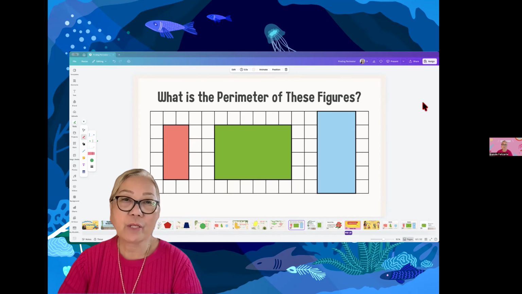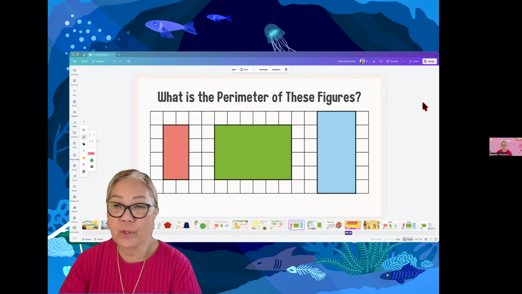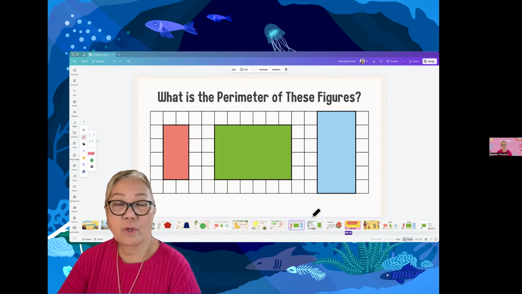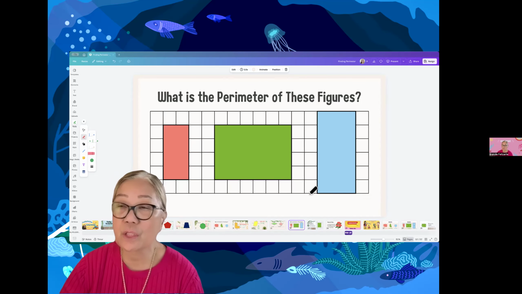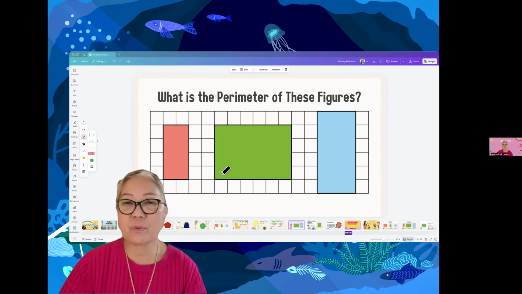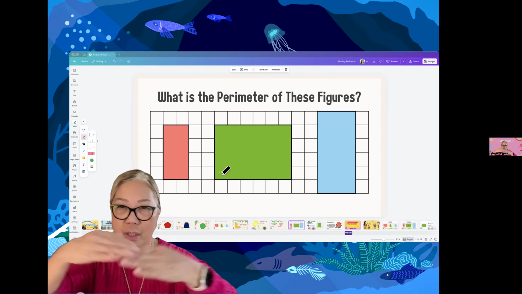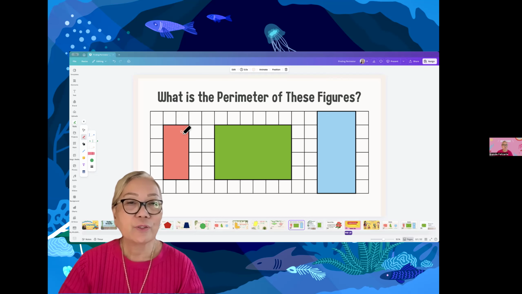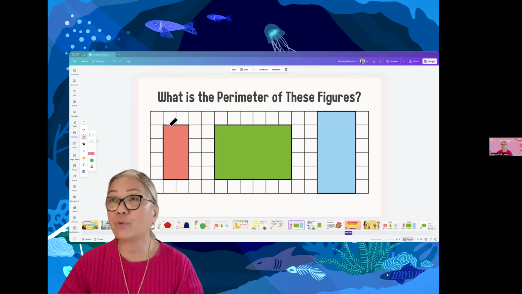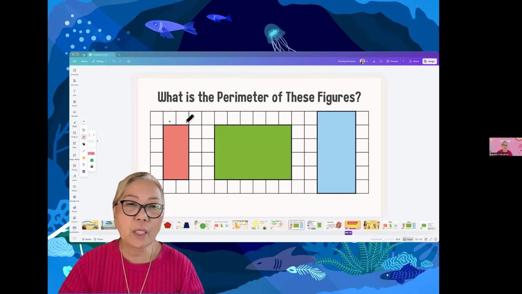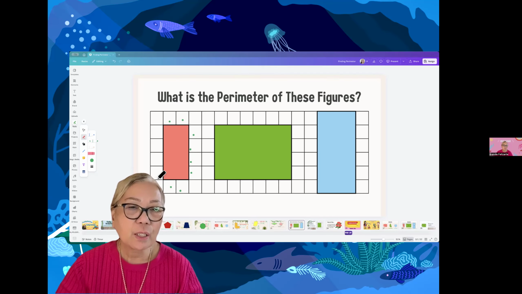All right. Now, if I am going to give you several figures like this, what you have to do is only, because it is already on a grid, the smallest squares around, you only have to count everything. 1, 2, 3, 4, 5, 6, 7, 8, 9, 10, 11, 12.